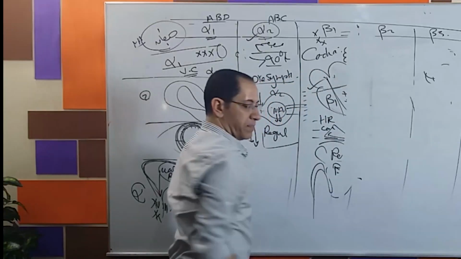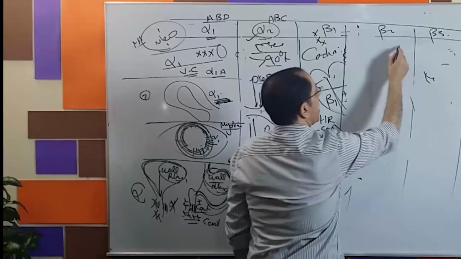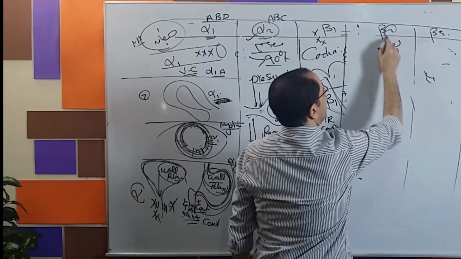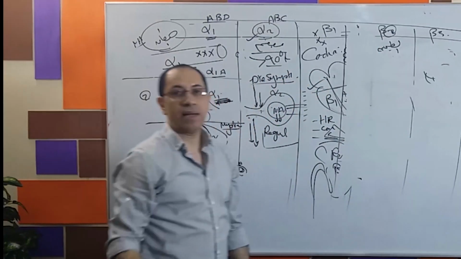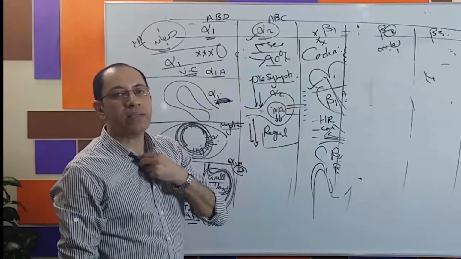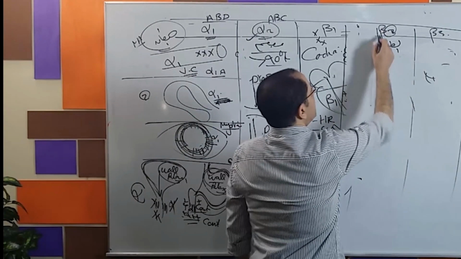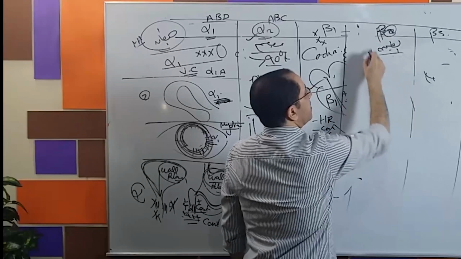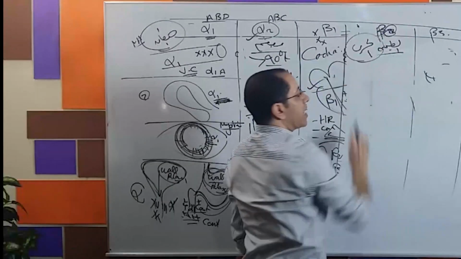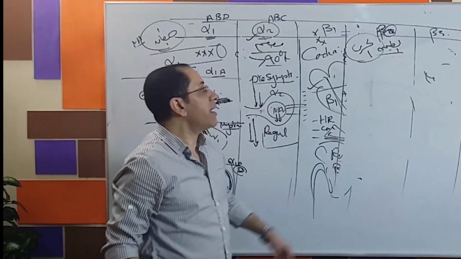Now, beta-2. Beta-2 is called the kind beta-2. Why the kind? By the way, receptors taken number 2 are always kind and considerate, and receptors taken number 1 are almost always rogue. Now, why are beta-2 called the kind beta-2? Because it is the one responsible for running.